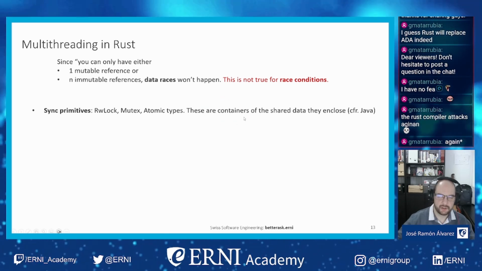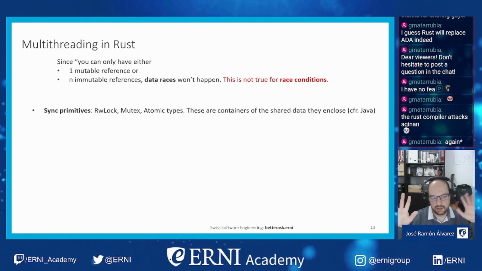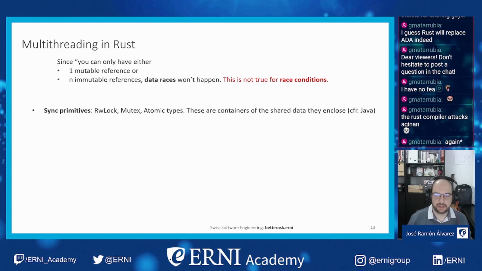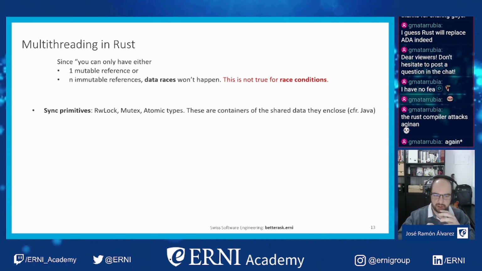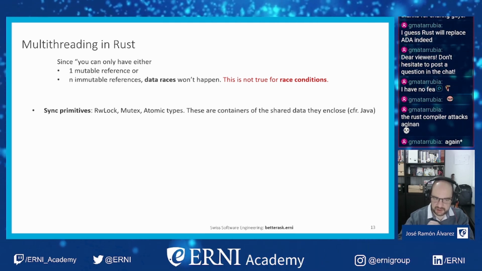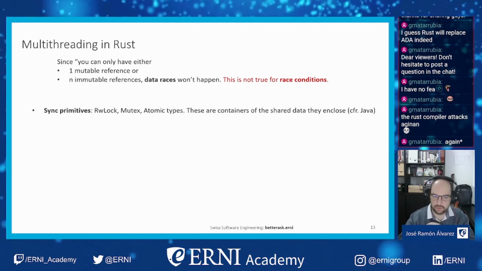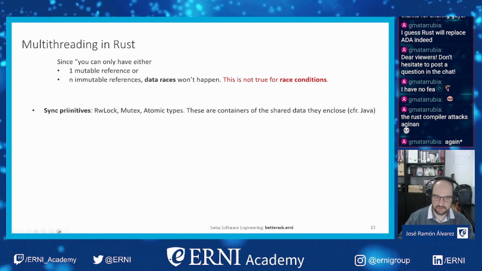You don't have the unprotected value in one place and the mutex in another place. The protected value is enclosed inside the synchronization primitive, inside the mutex, inside the lock. And the only way for you to access that value is through the mutex or through the lock. This is similar to Java.